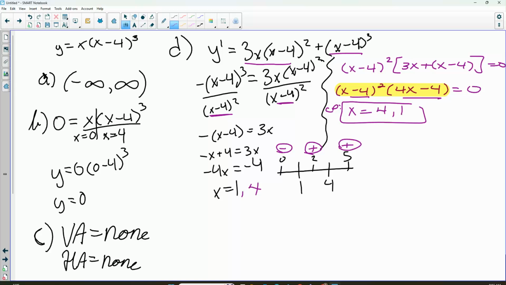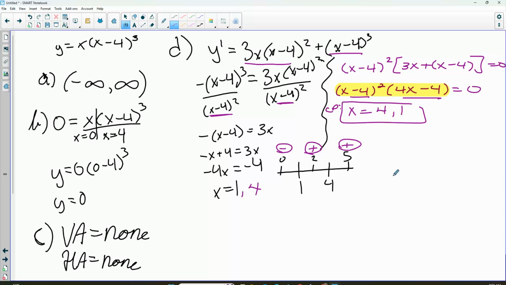Okay, why did we get 2 positives in a row? Because that's not an asymptote. We didn't have any asymptotes on this one. It can happen when something is squared like this. So increasing, decreasing is probably still going to match what you had written down on your paper.